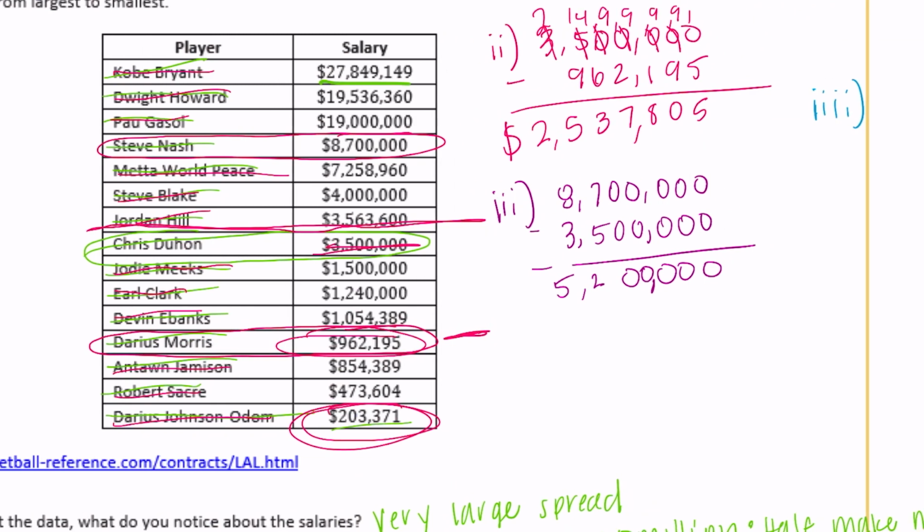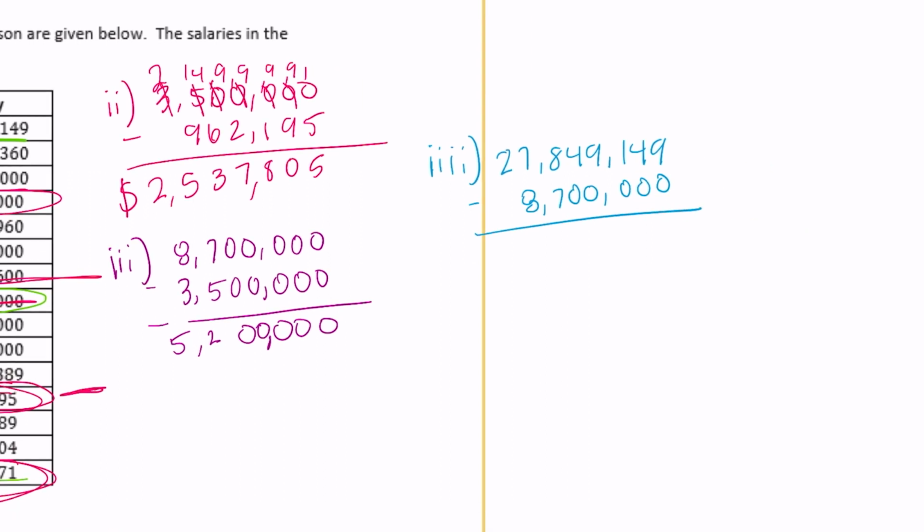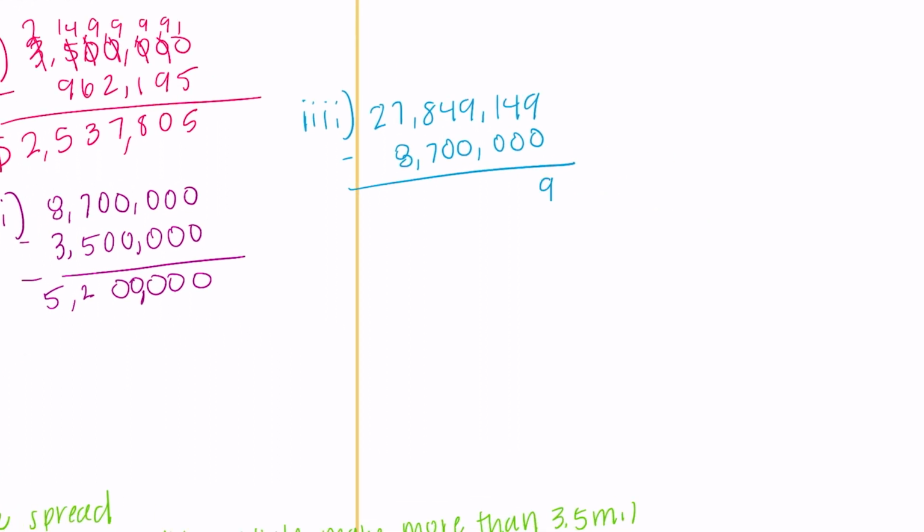Upper half 8.7 to the highest, 27,849,149 minus 8,700,000. $15,149,149.